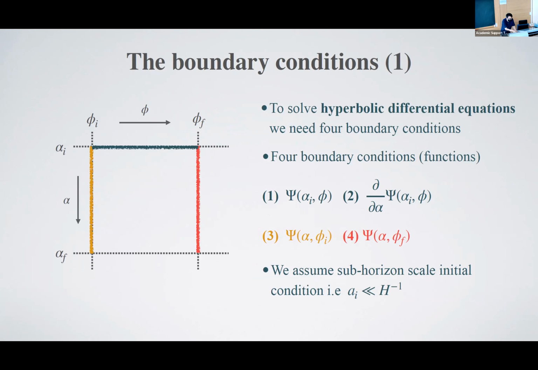The other two are the boundary conditions at the initial field value phi_i and the final field value phi_f. Here we assume sub-horizon scale initial conditions, so the initial scale factor is much smaller than the horizon scale.